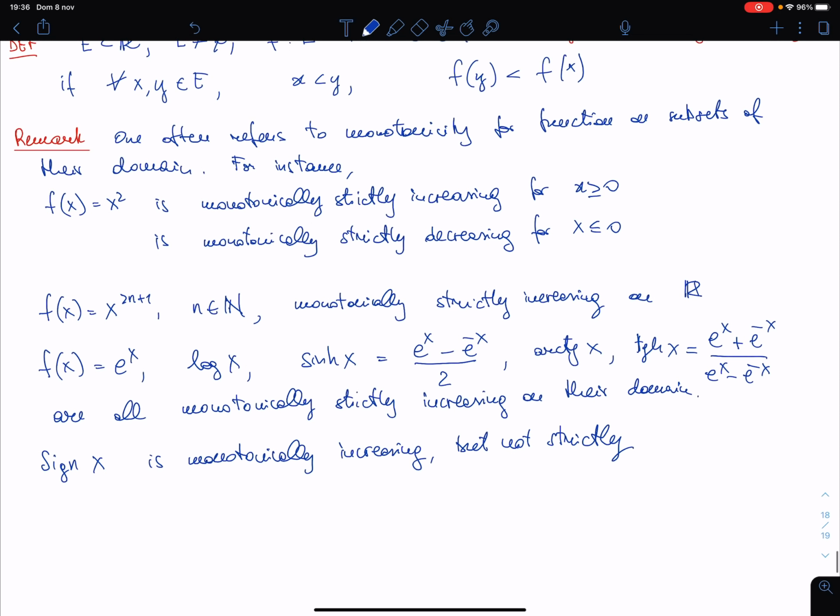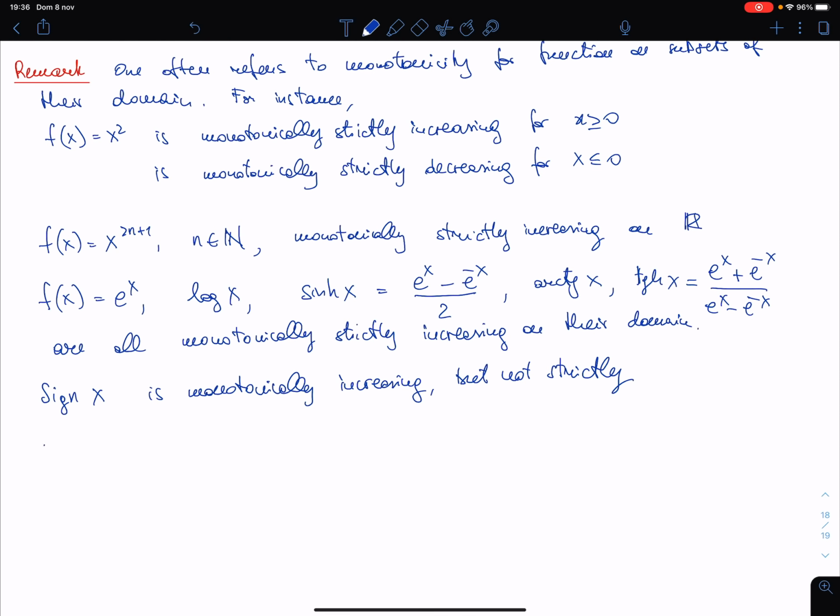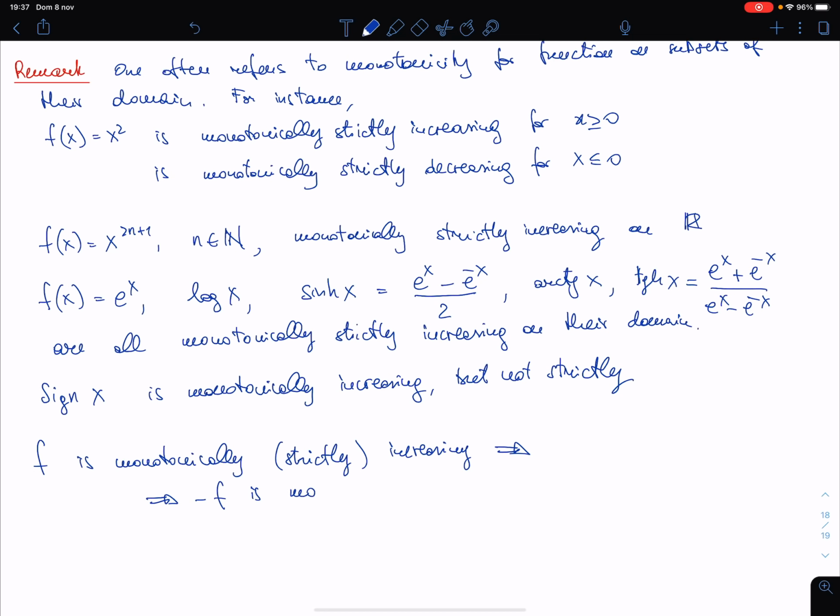And moreover, another statement: if f is monotonically increasing, and you can also say strictly, then minus f obviously will be monotonically decreasing and possibly strictly.